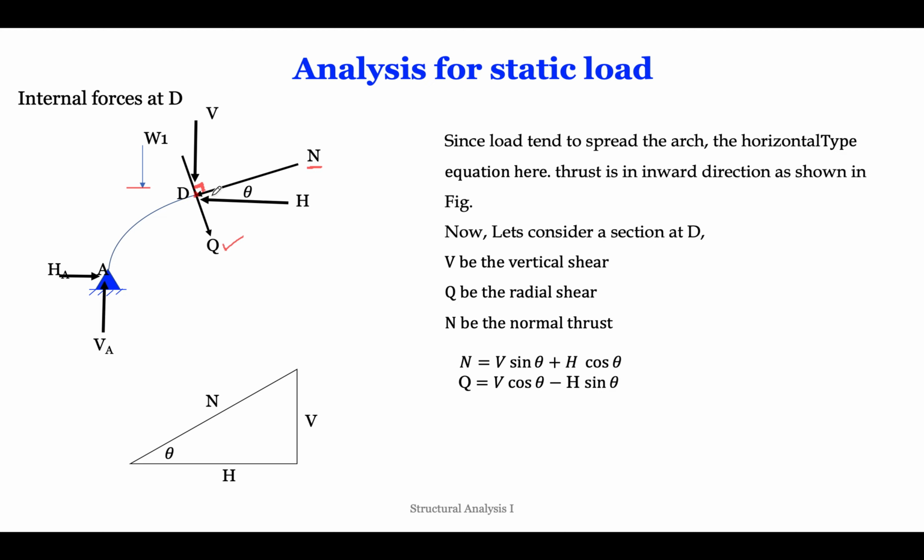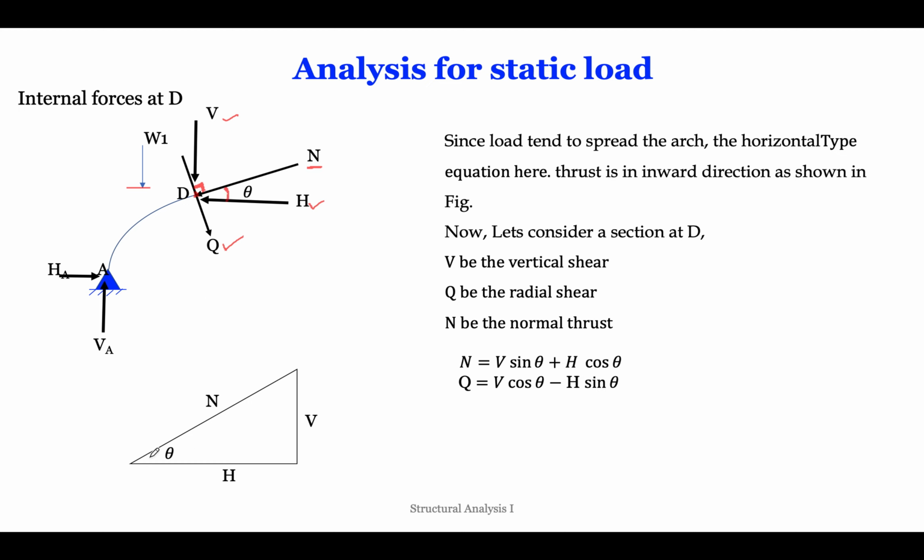For the normal thrust there will be two components, one horizontal and one vertical, and for radial shear also there will be two components, one horizontal and one vertical. The angle is theta.